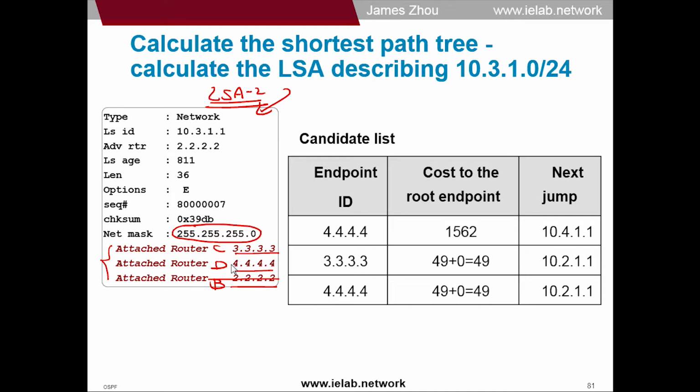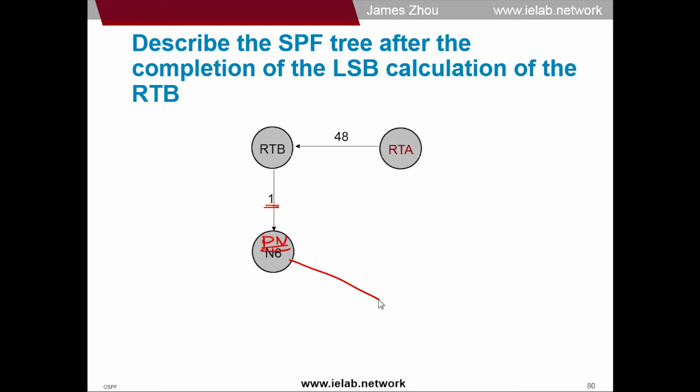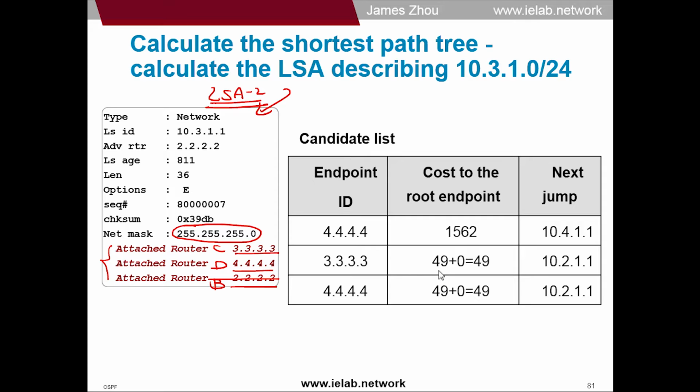Just put C and D into the candidate list, right? From the pseudonode to every router the cost is 0, because the cost from the node to the pseudonode is described in the transit network. So here it is 49 plus 0, right?